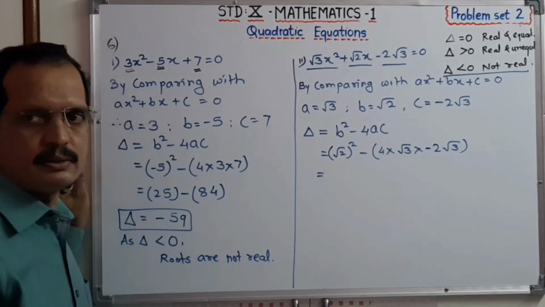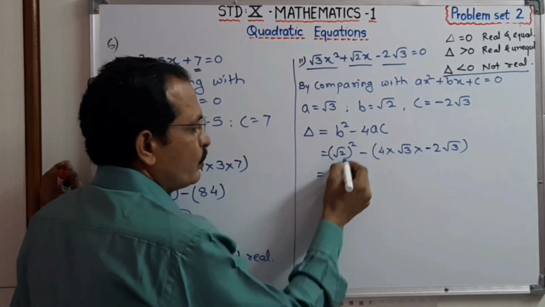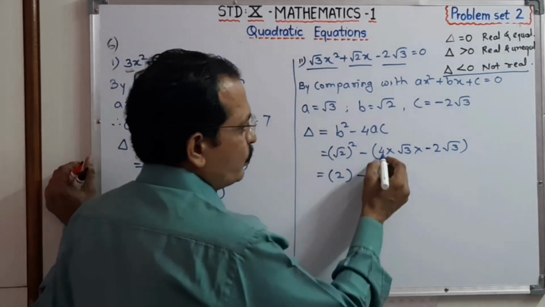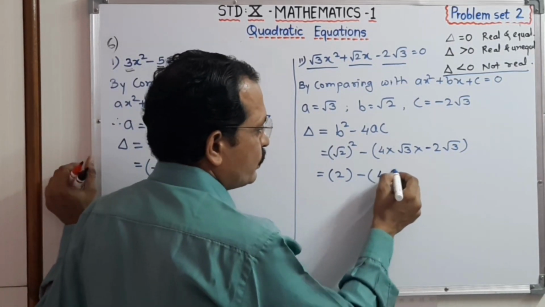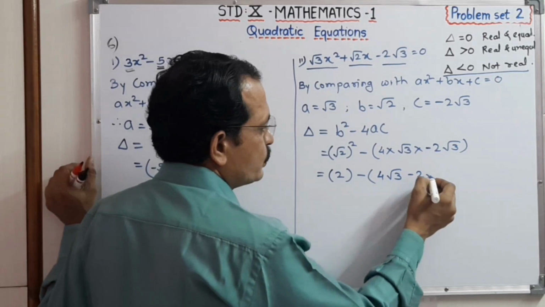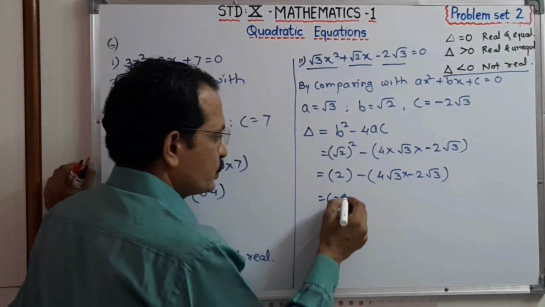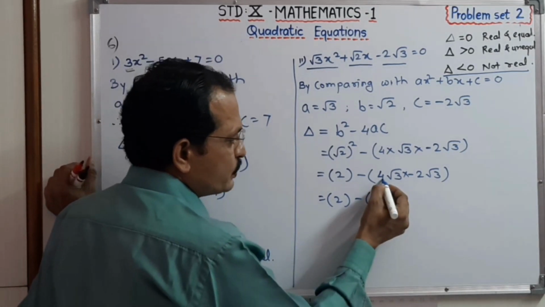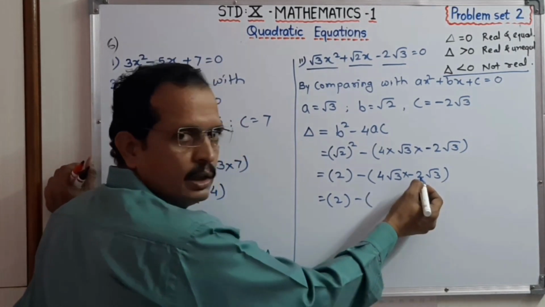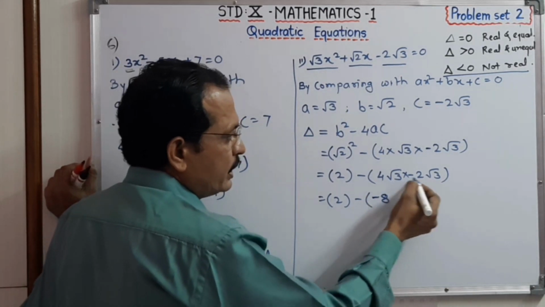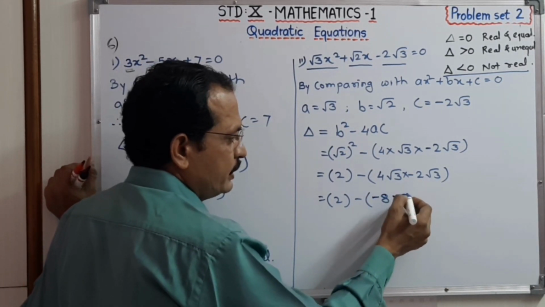Use the brackets. Now square of root 2, it is 2, minus 4 root 3, that is 4 root 3 minus 2 root 3. Now see here, this is 2 minus this 4 to the minus 8, and root 3 into root 3 is 3.